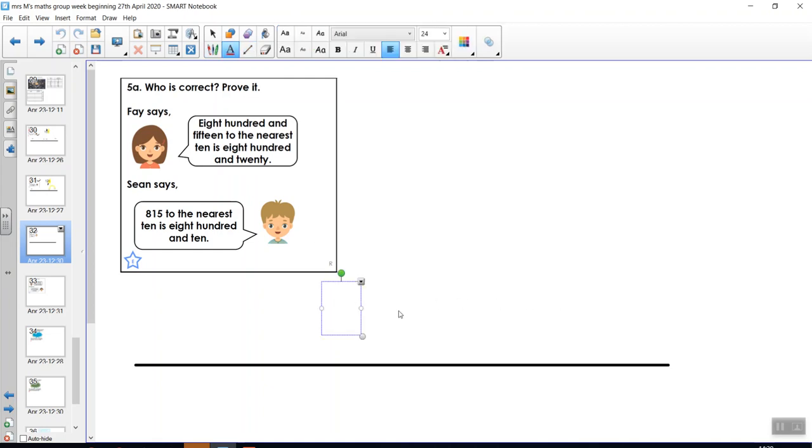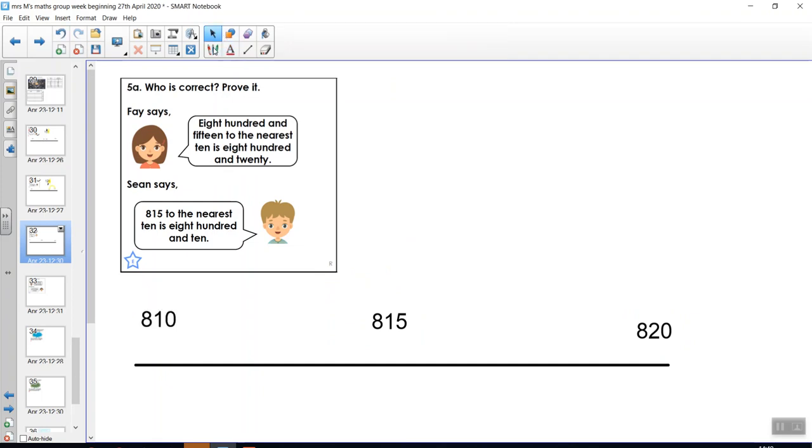We need 815, and the next 10 is 820 and the previous 10 is 810. Now, 815 is right in the middle.